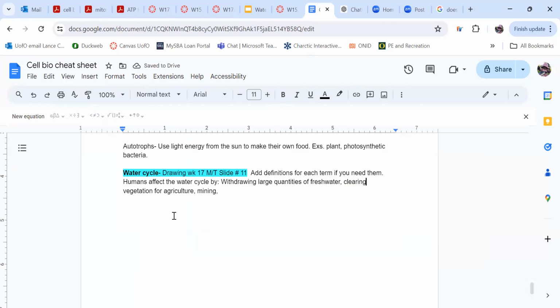We got agriculture, mining, what else? Construction and forestry. And modifying water quality.